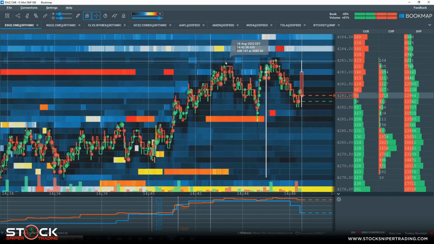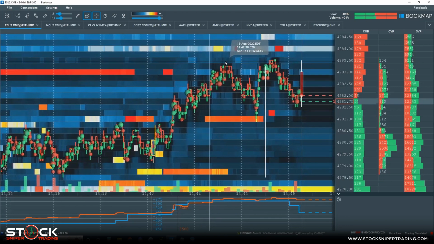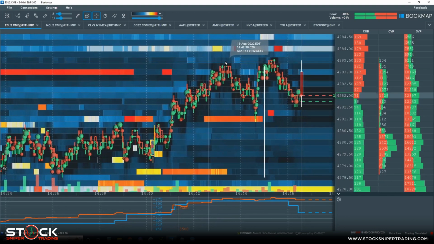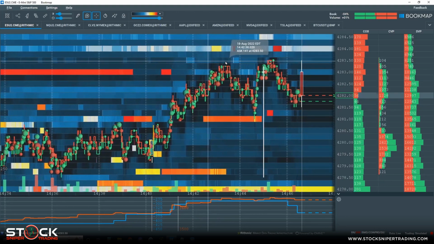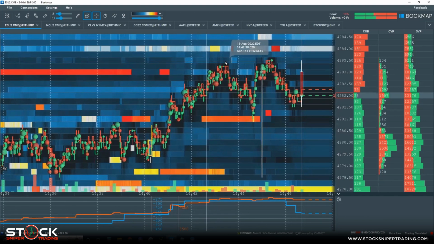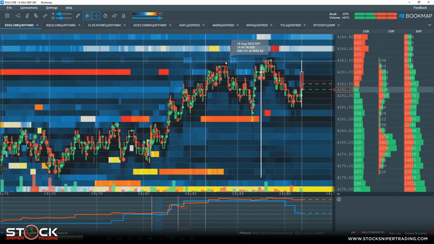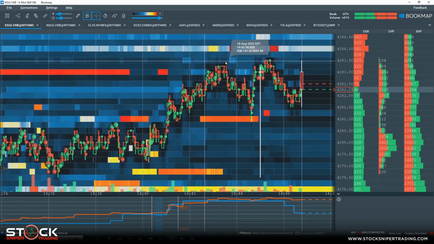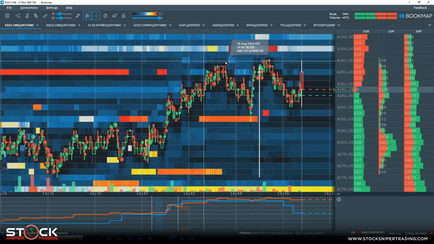The demo stocks and futures data is delayed. The cryptocurrency would be live though, but only one. So if you want to look at Bitcoin or Ether, it's up to you, whatever you want to look at.